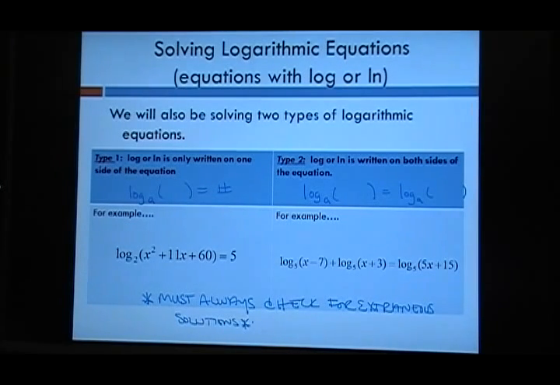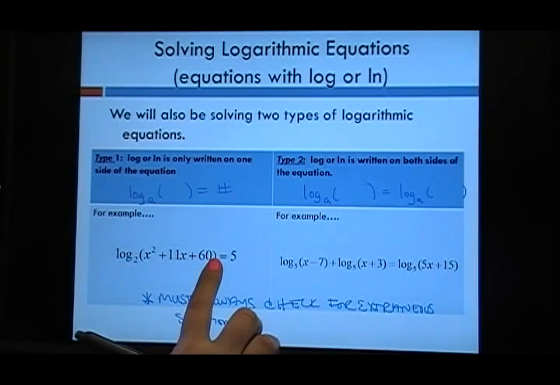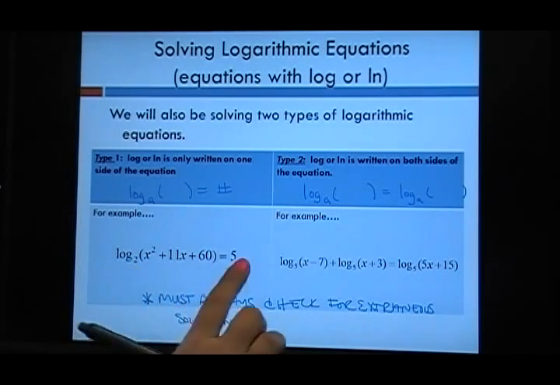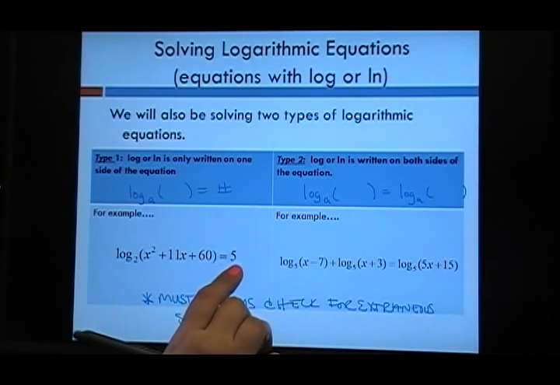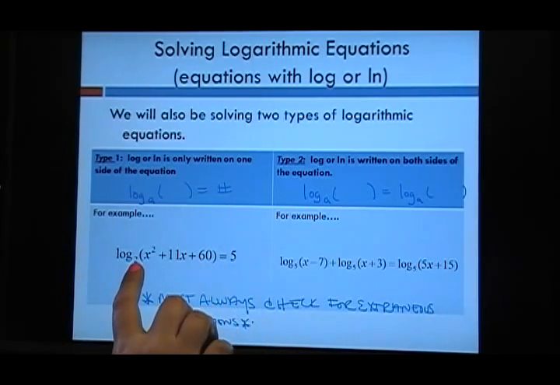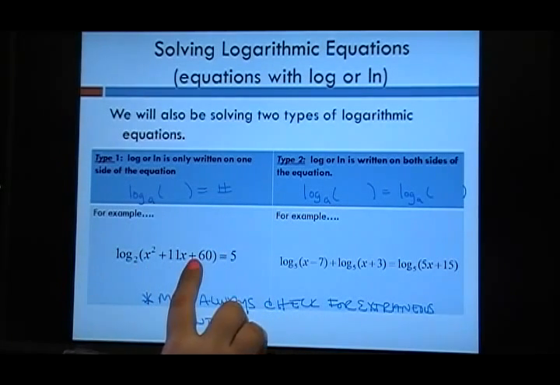Okay? When we're working with logarithms, the argument always has to be positive. Regardless of what the base is and regardless of what this number is, you can't take a positive base to any number and get a negative.